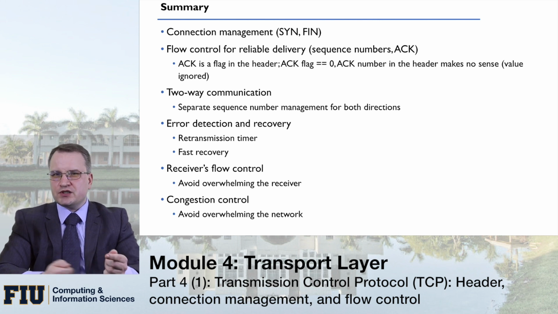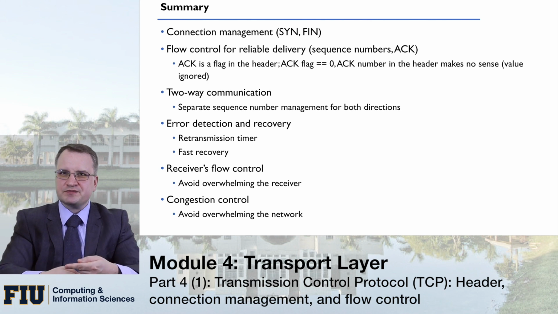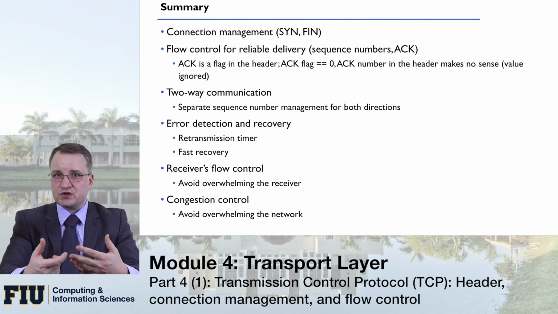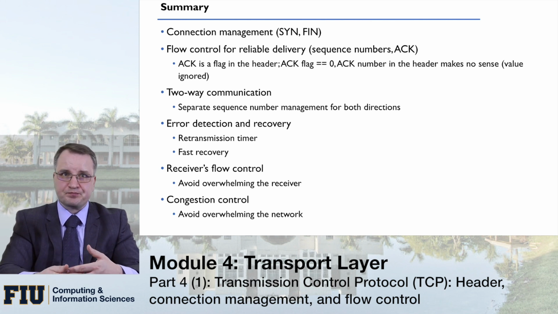Flow control works in both directions, individually in each direction, using the sequence numbers and acknowledgements. The acknowledgement flag is used to indicate whether the acknowledgement field makes sense or not. If it doesn't make sense, the number has to be present as part of the header, but it has no value, and the value has to be ignored.